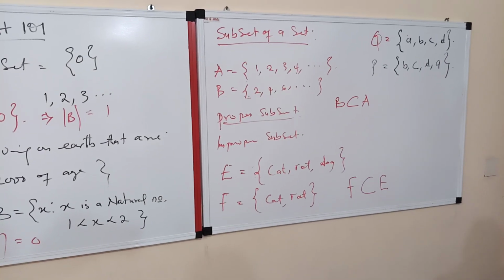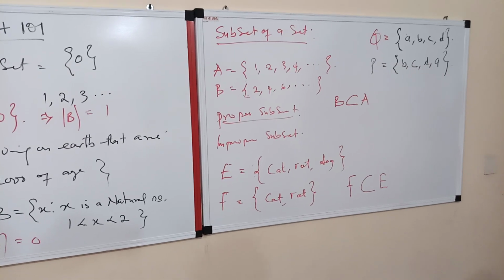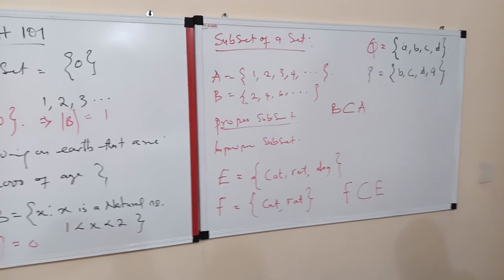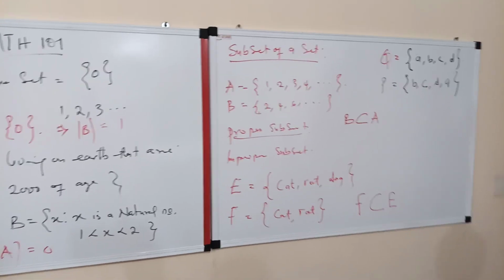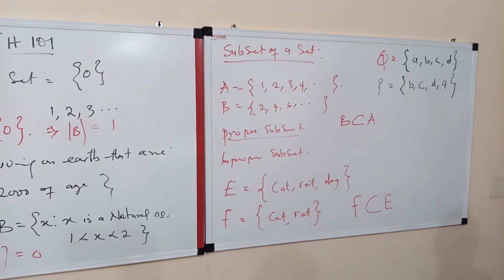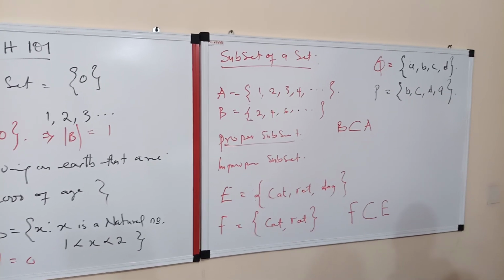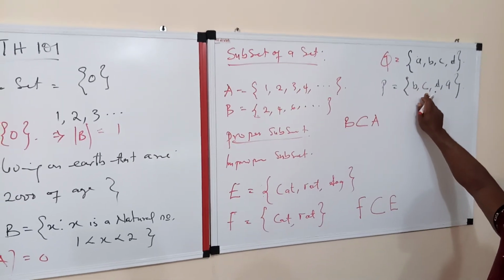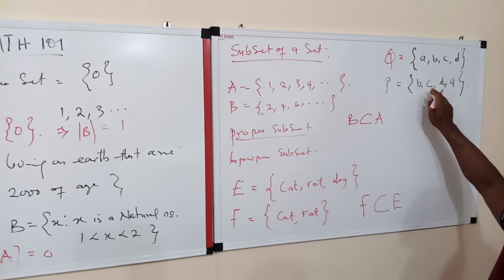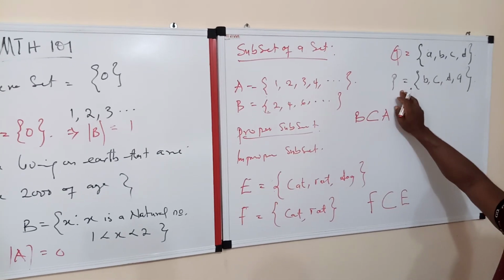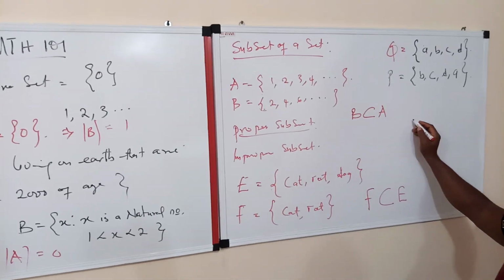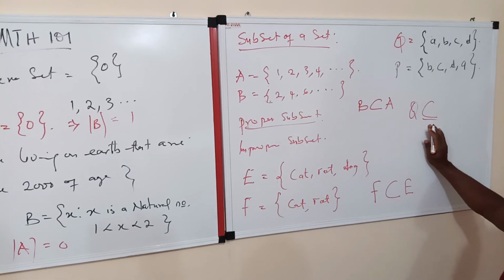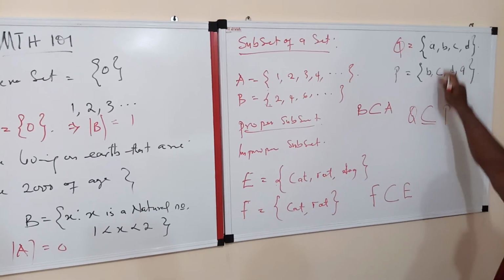Now, we are saying that these two sets are improper subsets of each other. Improper in the sense that all the elements in Q are contained in P, and all the elements in P are also contained in Q. So you say Q is an improper subset of P, and vice versa, because they are all the same.